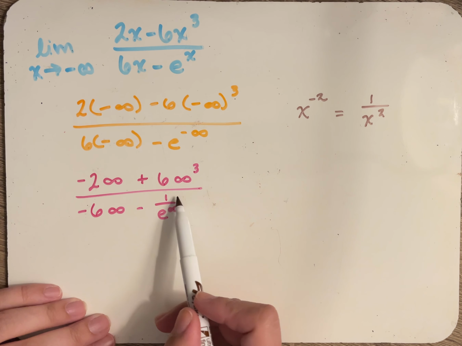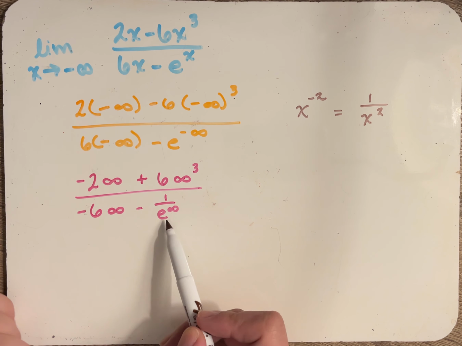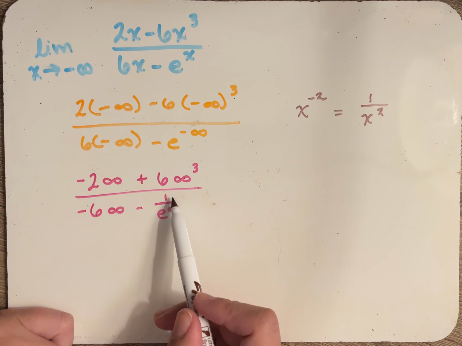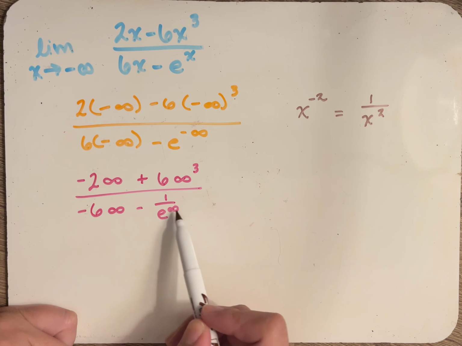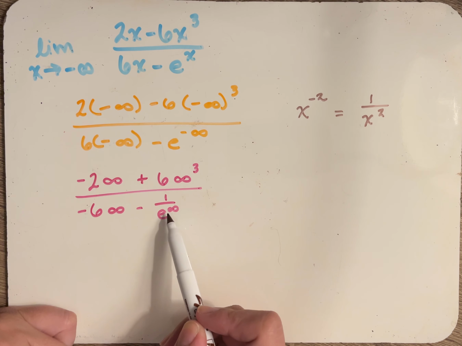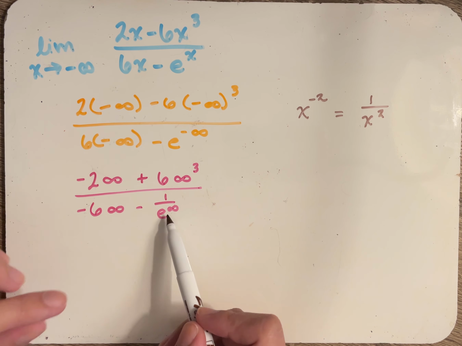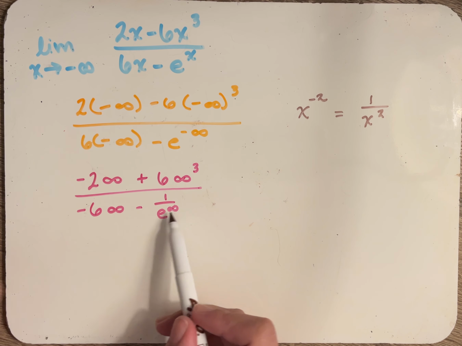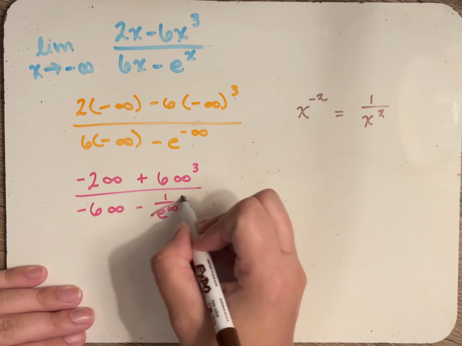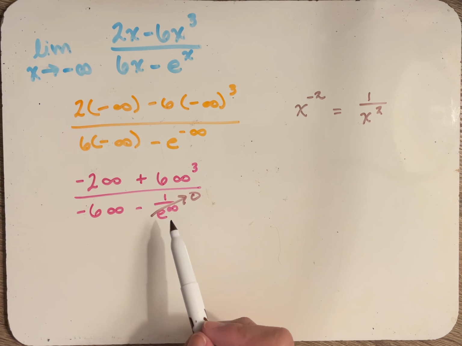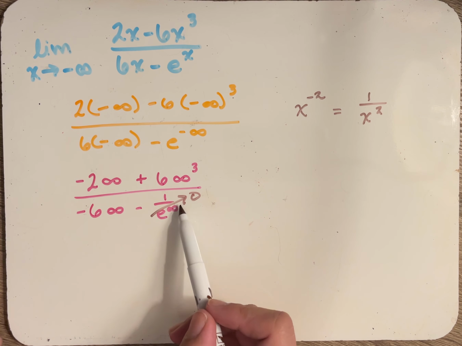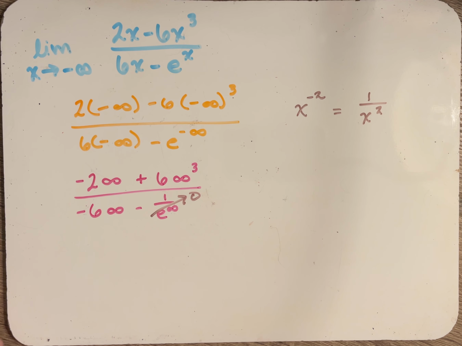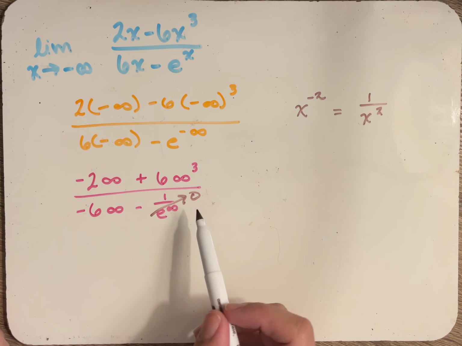So this term, this 1 over e to the infinity, that's 1 divided by a really, really giant number. Anytime that I am dividing by something huge, dividing by infinity, that's really just approaching 0. It's becoming so tiny that it's not even going to impact what's going on with the rest of this expression anymore.